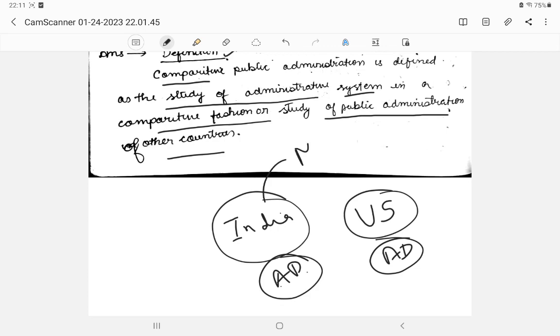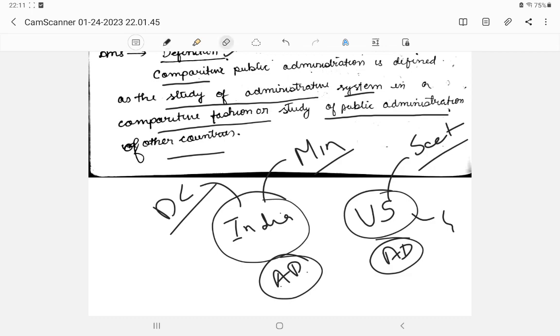For example, India's minister corresponds to the US secretary of state. Similarly, India's deputy commissioner is like a governor. So the administrative systems are different. So one case study is, for example, if we want to compare India and the US.